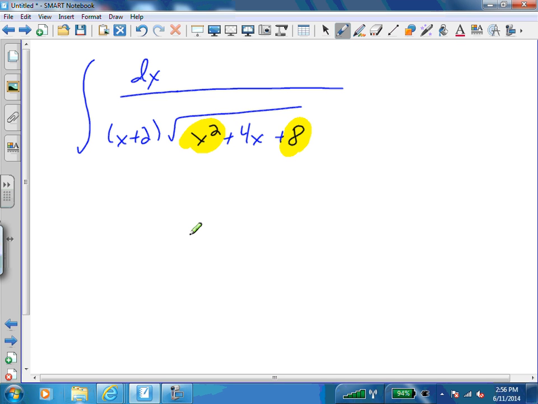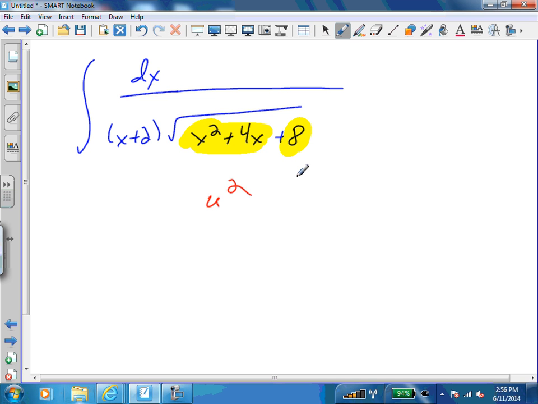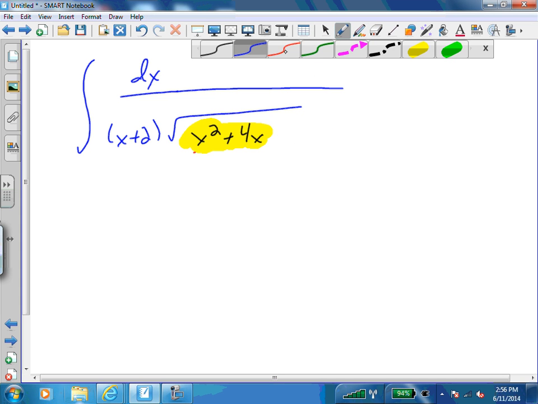If we've got a variable squared and a variable, then we need to make that part into u squared. So we need to complete the square on that part so that it's x plus something squared. Because right now, that not only doesn't factor, but it definitely doesn't factor as a perfect square in its current form. So I'm going to take this plus 8 and move it over.